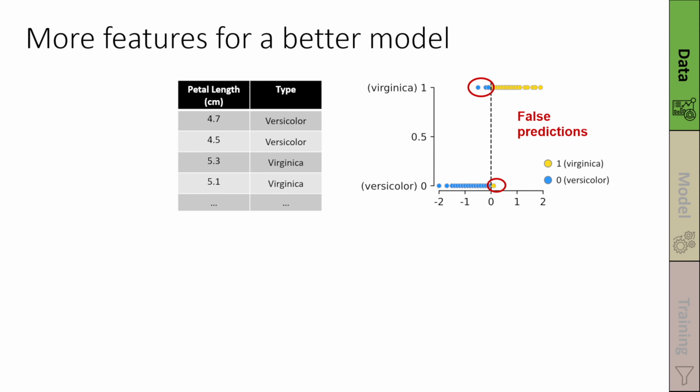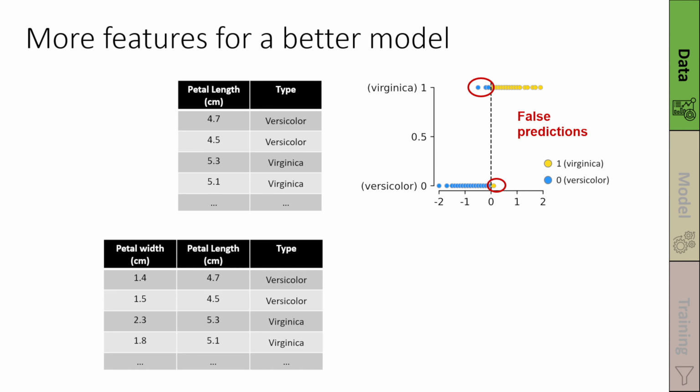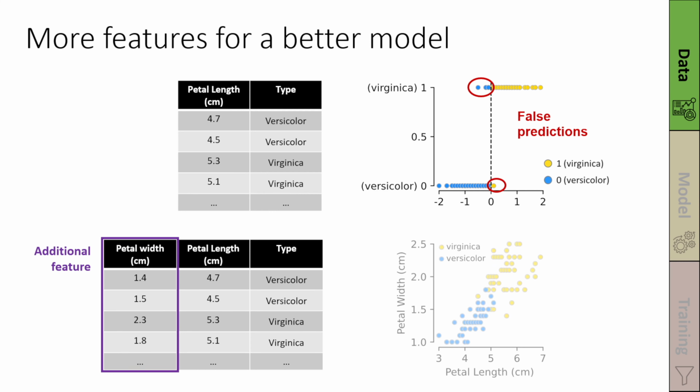How can we improve this result? In other words, how can we reduce the false predictions? One option is to use more features. So here we can add an additional feature, petal width, and then use both features to perform the classification task. So now we'll have a two-dimensional feature space, and the color shows the different classes.